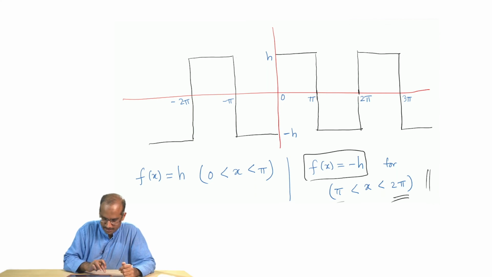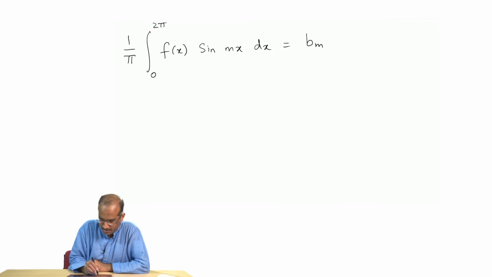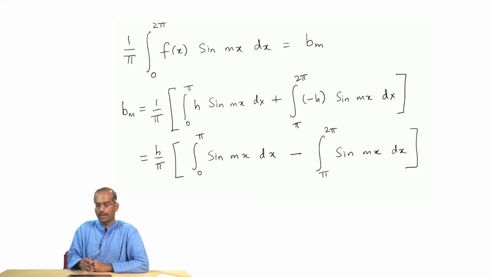Now, finally, let us calculate Bm. Let me quickly do the calculations. So, 1 by pi, and integrating these functions is simple because both are cosine functions. So, let us quickly do that. That is going to be h by pi.